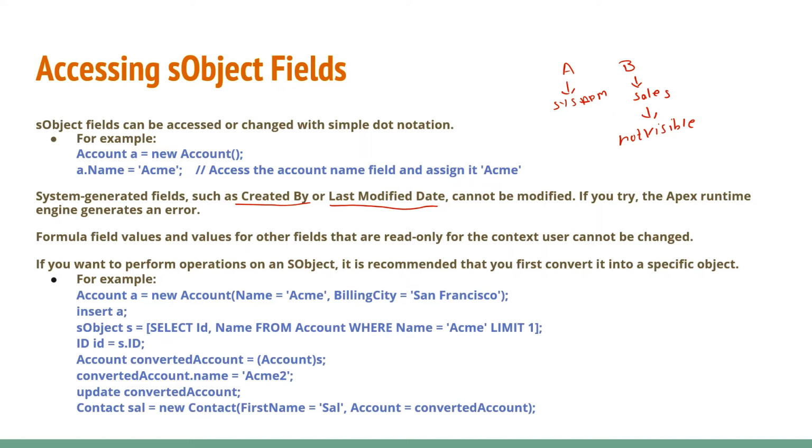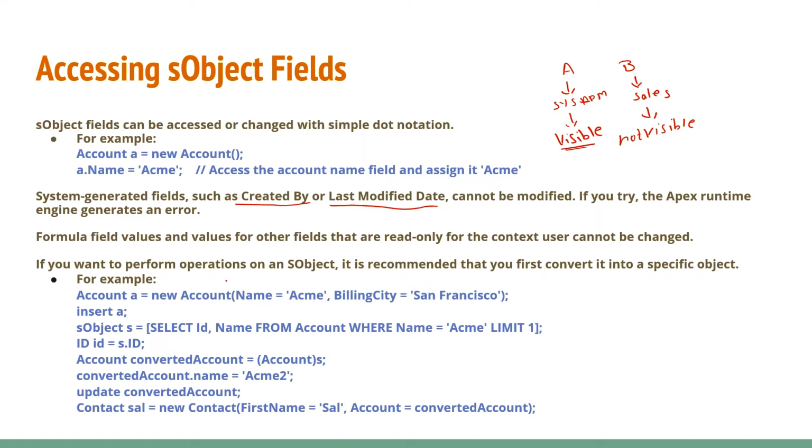If he has read access, he will only be able to see the data, but he will not be able to edit it. But if A is the system admin, then he will have access to all the fields. So all the fields will be visible, and he can do edit operations also.